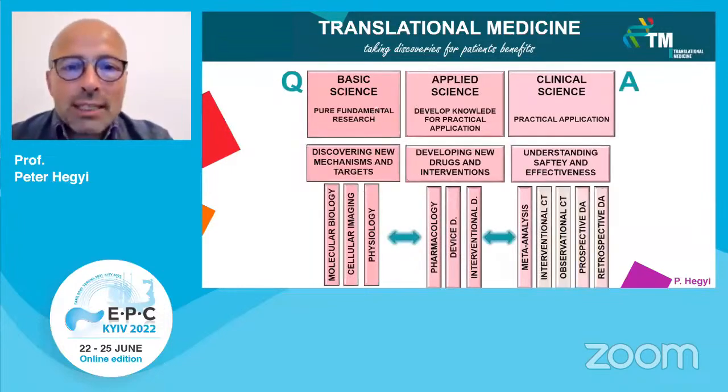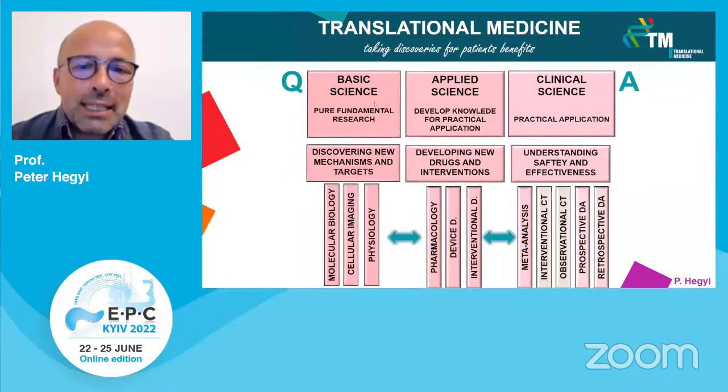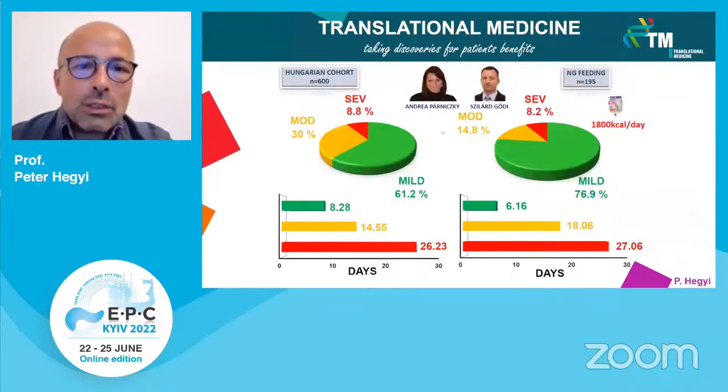So the next part is always prospectively and retrospectively looking at our patient cohorts, and we could see in our cohort that if we use nasogastric feeding, it can actually decrease the severe and moderately severe range of pancreatitis.